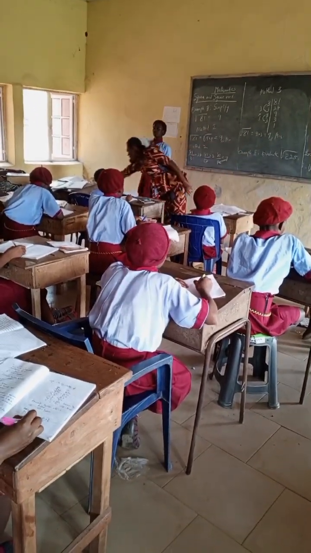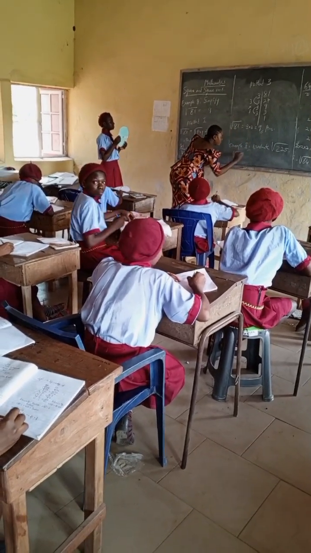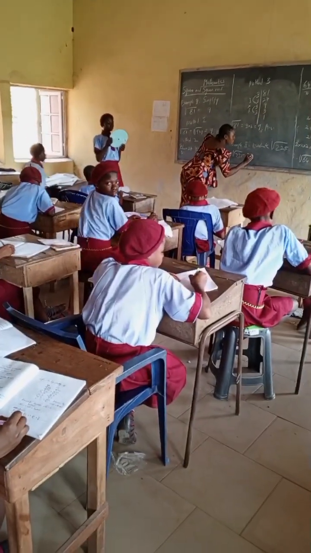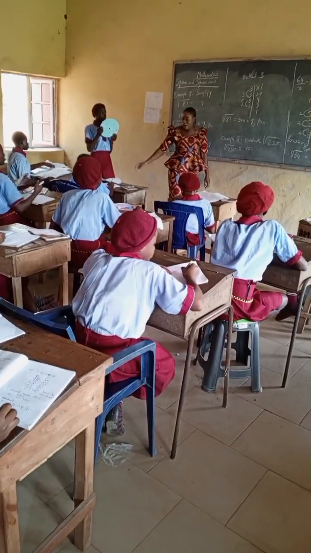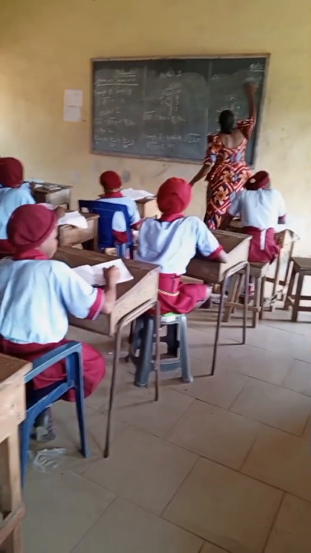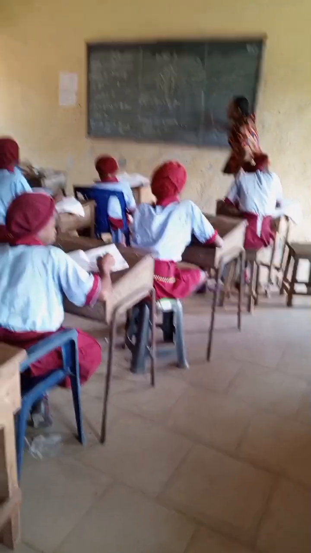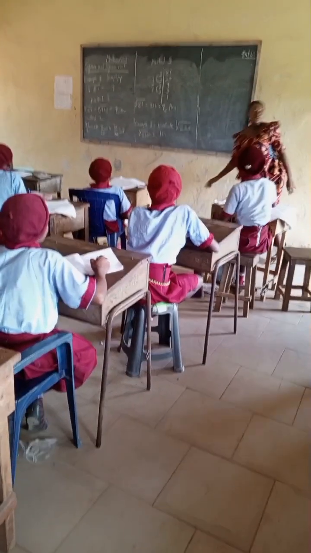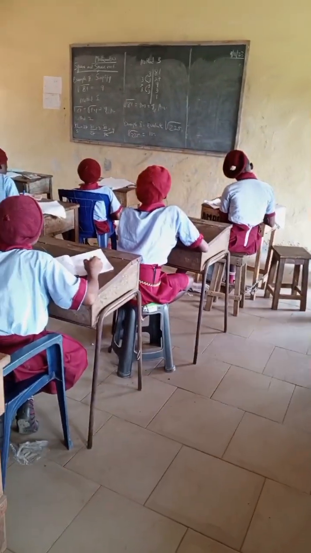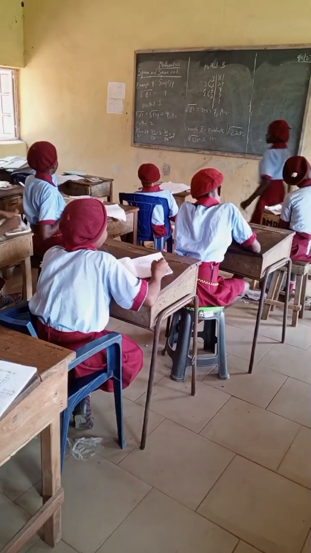We are going to confirm if that is correct. So what she found is what? The square root of 225 is 15. Now I want you to use any of the methods to confirm if the square root of 225 is 15.